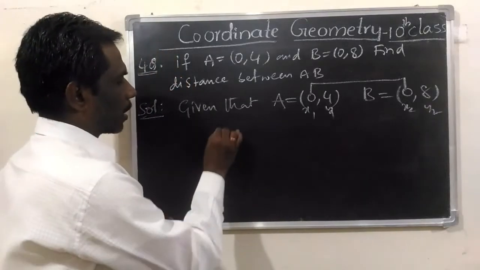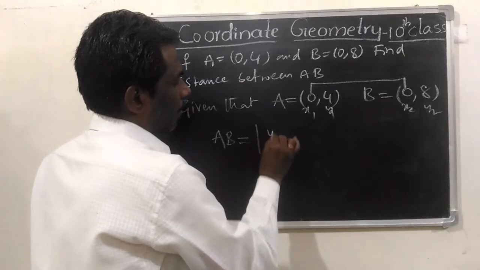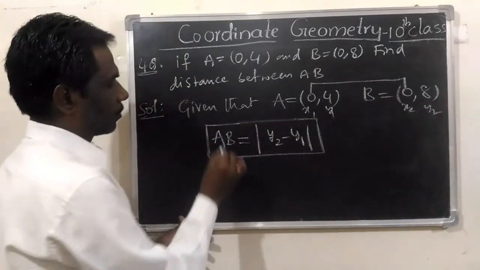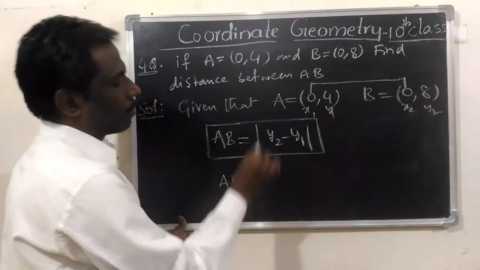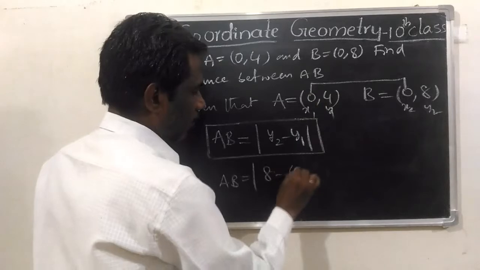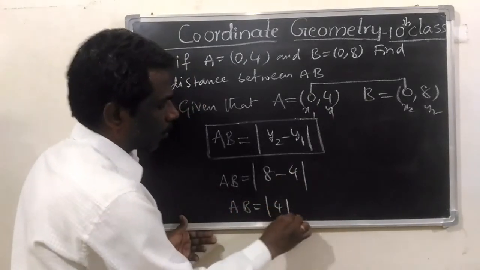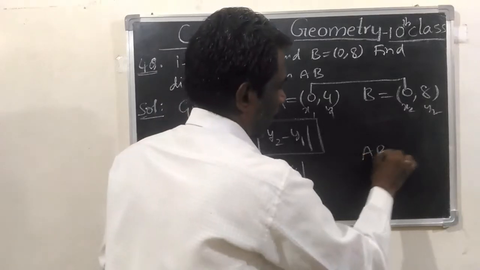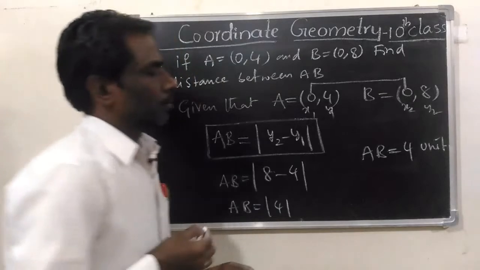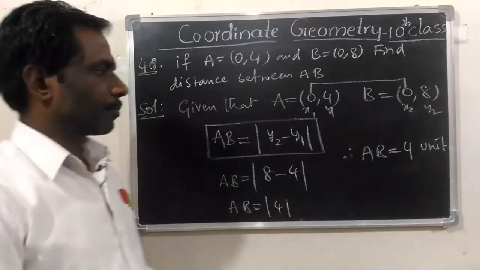So that's why we can use the formula AB is equal to mod y2 minus y1. y2 is 8, minus y1. y1 is 4. AB is equal to mod 8 minus 4, which is 4. So AB is mod 4, which is 4 units. Therefore, the distance between AB is 4 units.